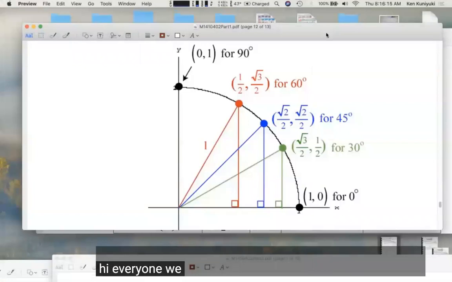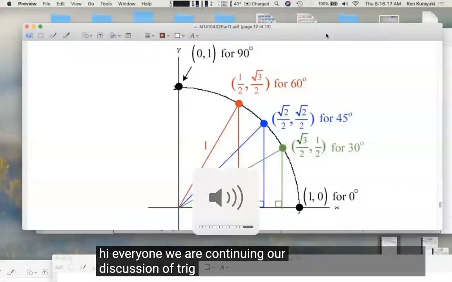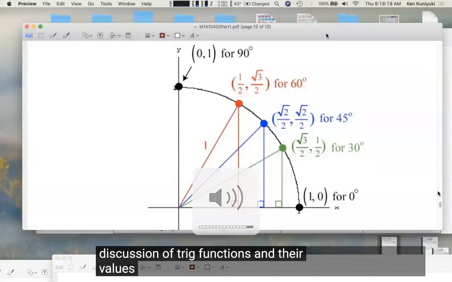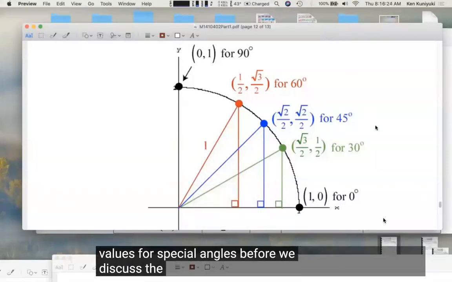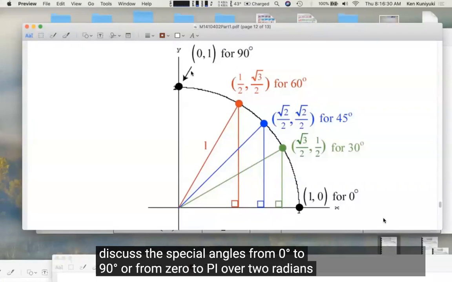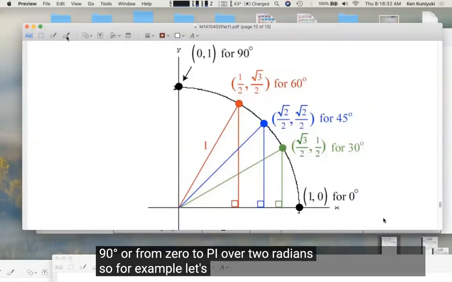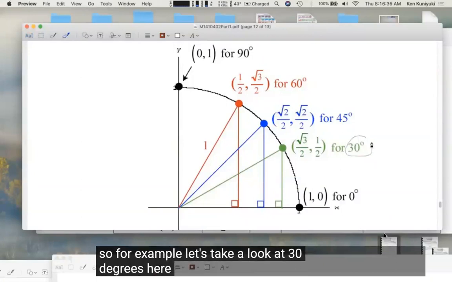Hi, everyone. We are continuing our discussion of trig functions and their values for special angles. Before, we discussed the special angles from 0 degrees to 90 degrees, or from 0 to pi/2 radians. So, for example, let's take a look at 30 degrees here.